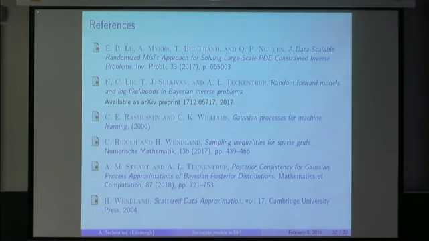This is where I got the results for sparse grids from. This is the paper with Andrew, where we considered the use of Gaussian process emulators in Bayesian inverse problems. And this book here by Wendland, if you are interested in any kind of theory for kernel approximations, or you want to know anything about positive definite kernels, then this book is really, really good. So I really can't recommend this book enough. It's called Scattered Data Approximation.